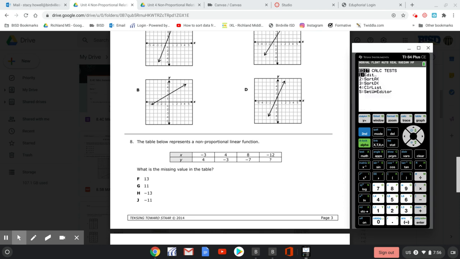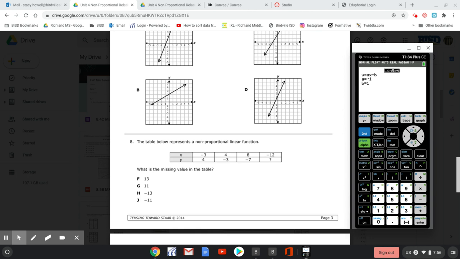I'm going to hit Stat, Tab, because I want it to go to Calculate. Number 4, enter, enter, enter. Well, I'm sorry, I did this wrong because this is a table. We need the equation.